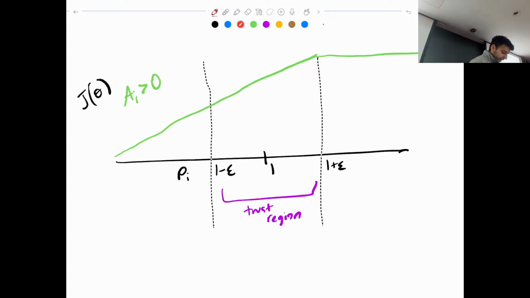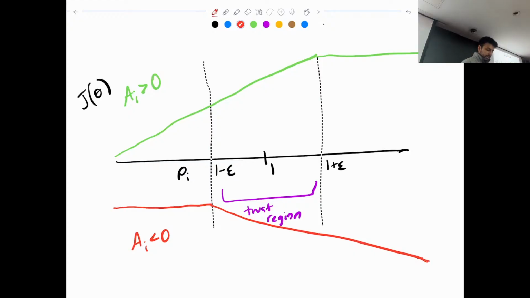On the other hand, when we have a negative advantage, now we want to stop making updates once the policy ratio has decreased past the lower end of our threshold. So here, let's draw it like this, and then as we hit this, we will continue to decline this way.